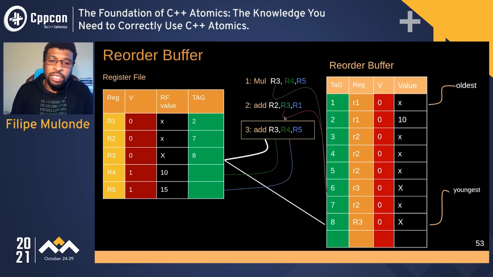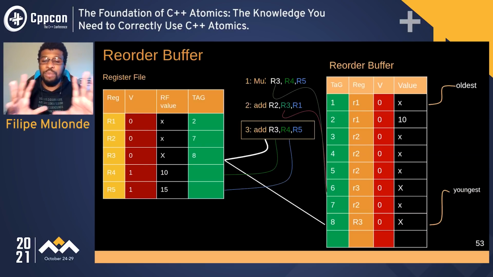Right? Because if the third instruction executes before the first instruction, the second instruction will read the value that was produced by instruction 3 instead of the value that will be produced by instruction 1. And this affects the semantics of the program. And this is a problem.